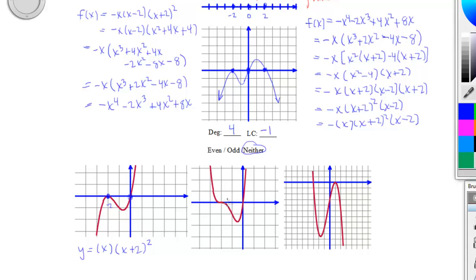And then this function, see how this little bit here looks like a cubic function? That means that you end up with an x for the x equals 0, and an x plus 2.